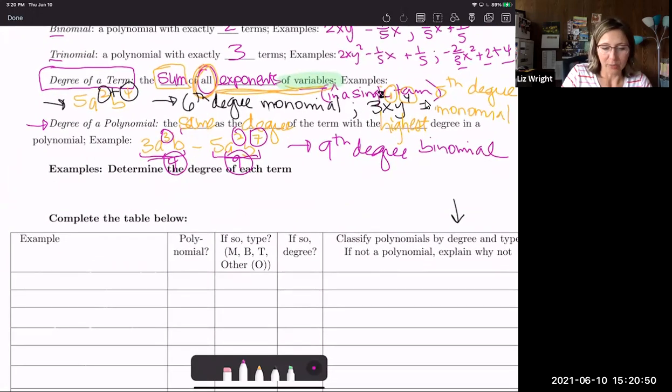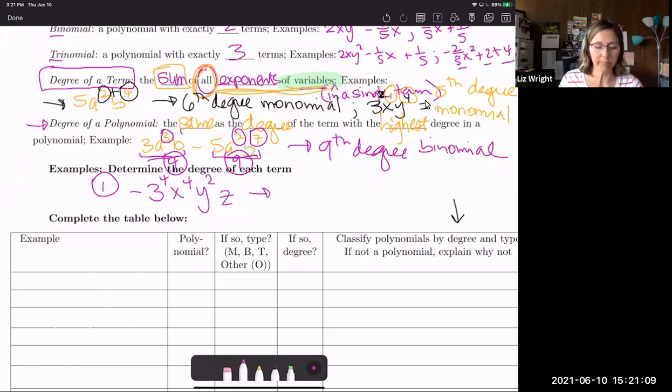All right, we are going to do a couple more practice here, finding the degree of each term. We've got -3 to the 4th, x to the 4th, y squared z. What is the degree of that term? We're not counting the -3 to the 4th because remember, we're only looking at the exponents on the variables.